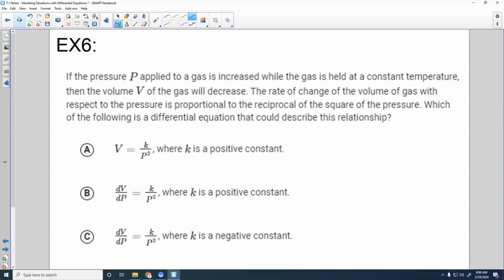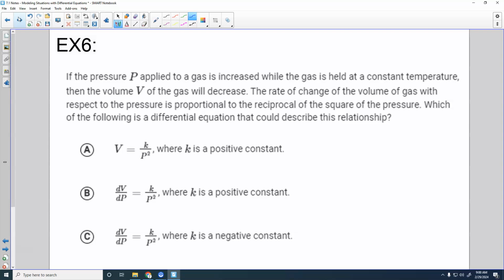Okay. Pressure P applied to a gas is increased while the gas is held at a constant temperature. Then the volume of the gas will decrease. So pressure is increasing, temperature is constant, volume is decreasing.